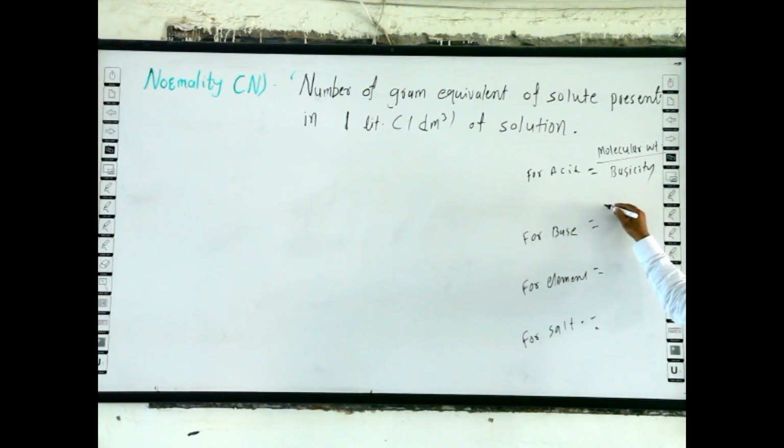For base, the formula is molecular weight divided by acidity. For element, the formula is atomic weight divided by valency.